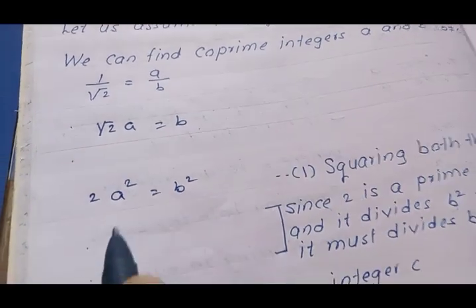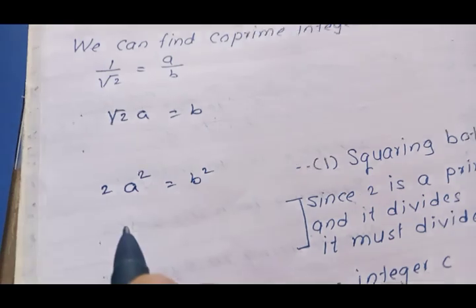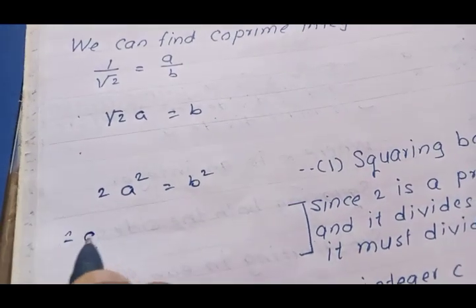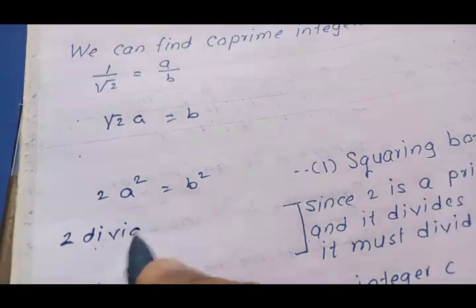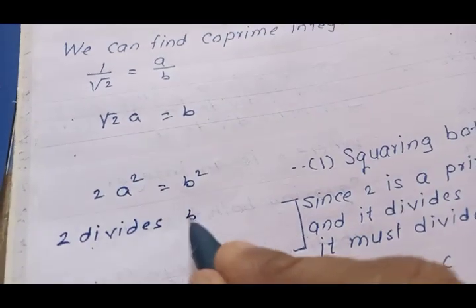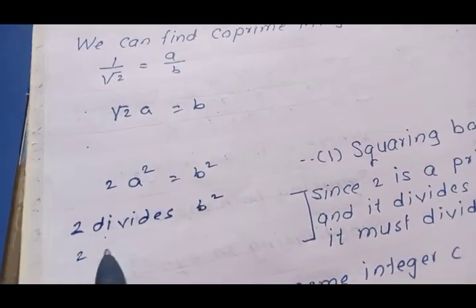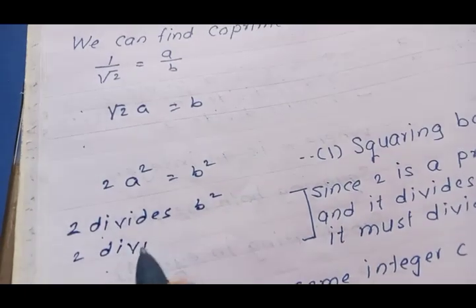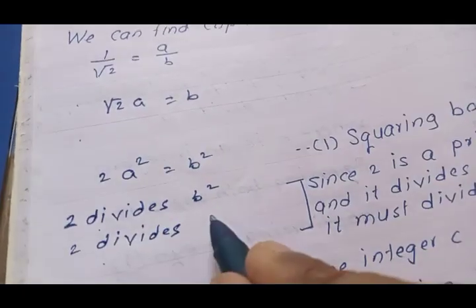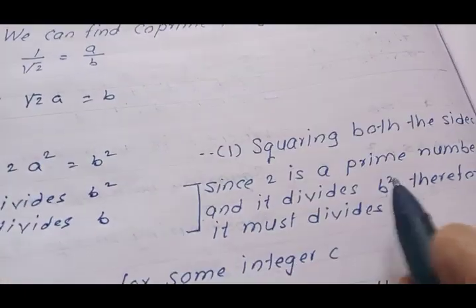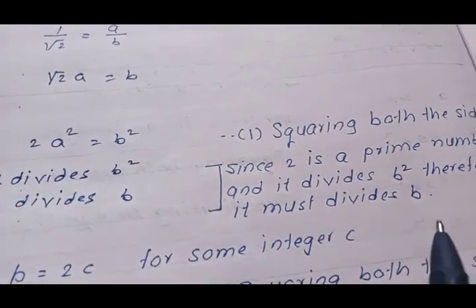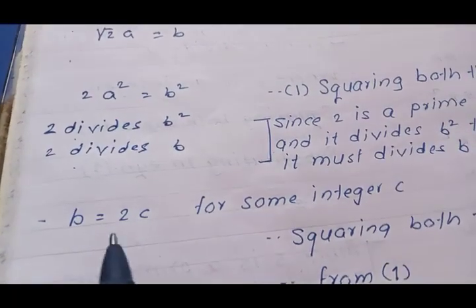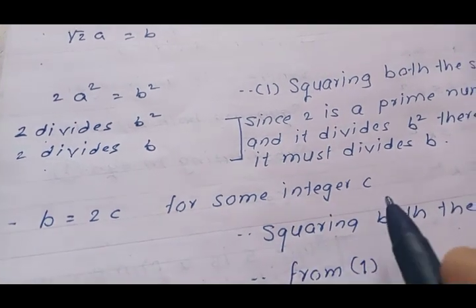Here 2 divides b square and 2 divides b. Reason: since 2 is a prime number and it divides b square, therefore it must divide b. Then b equal to 2c for some integer c.